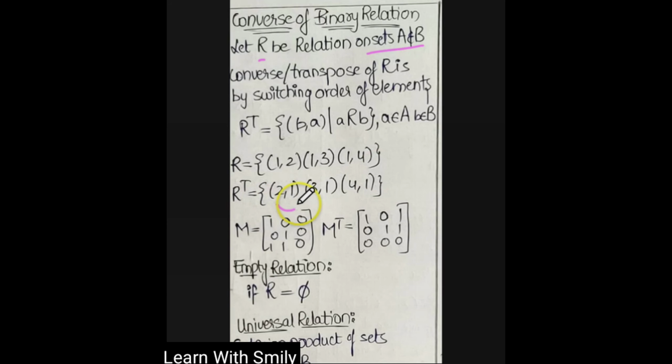So here we have switched to 2 comma 1, 3 comma 1 and 4 comma 1. Similarly it applies for matrices also. When we take this matrix, 1 0 1 is replaced here, 1 0 1 1 is replaced here. Here the columns will be rows and rows will be columns.